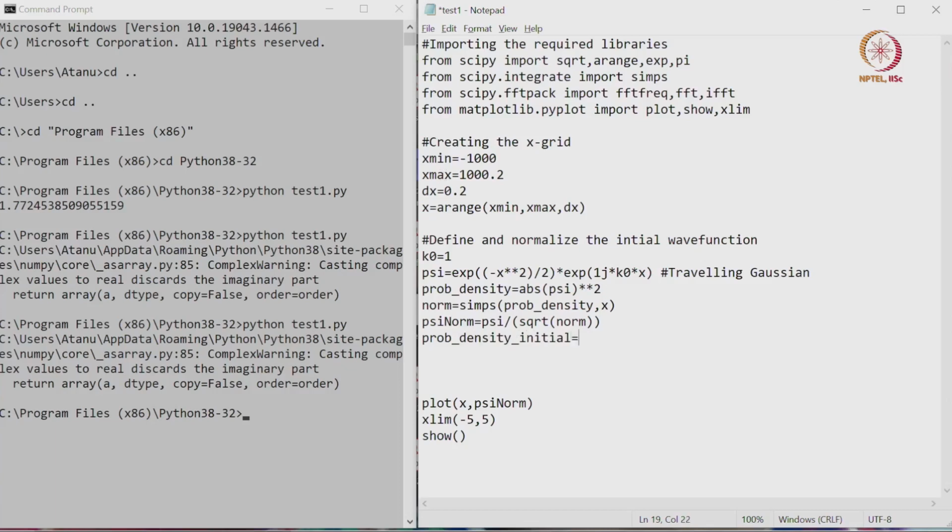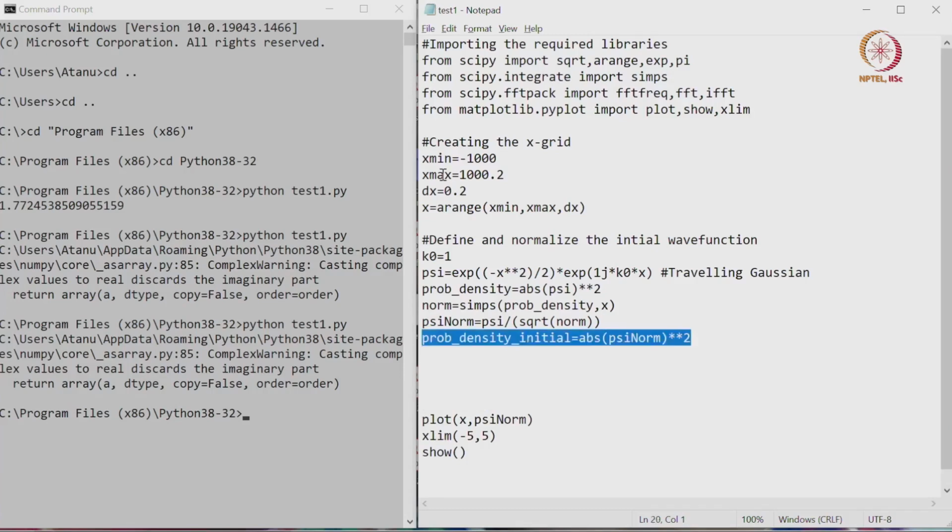So we will compare with the initial probability density. Probability density is nothing but the absolute value of psi norm squared. So we are writing this one because we would like to check the probability density. We would like to plot the initial probability density and the final probability density after the iteration.